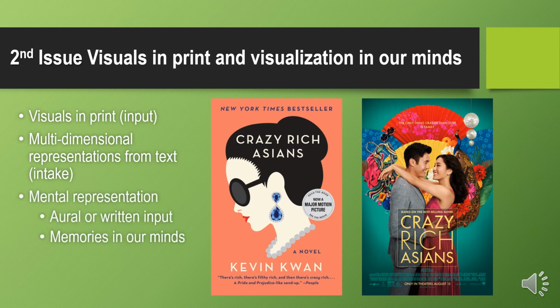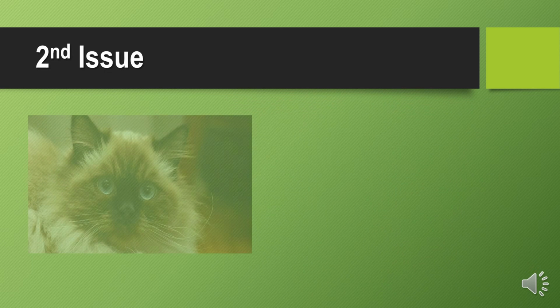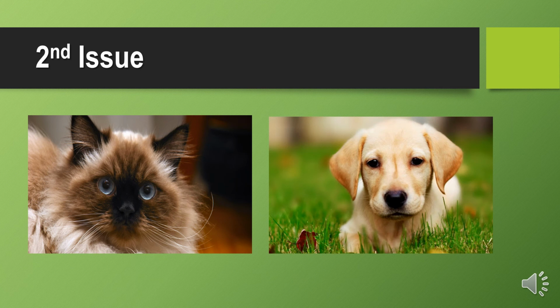This mental representation is formed through the oral or written linguistic input with memories in our minds. If we hear about a cat or a dog, we add our own personal interpretation based on our experience stored in our memory systems, and we create our own mental representations of these animals.